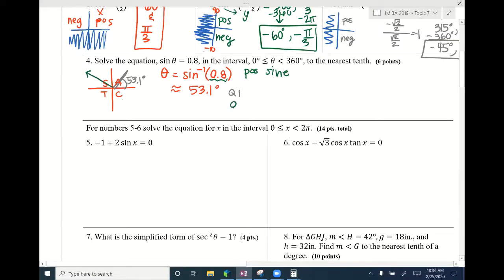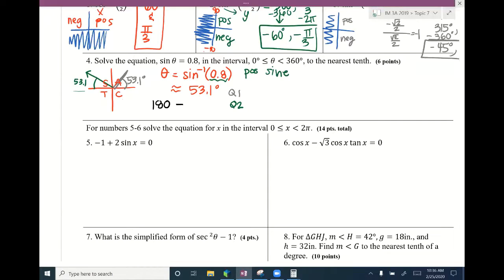So what I have to do is figure out what this angle represents in quadrant 2. Remember that the 53.1 is the reference angle, so that is how far away the angle is from the x-axis. So if the x-axis is 180 degrees, I'm going to have to do 180 minus that 53.1 to determine what the value is in quadrant 2.